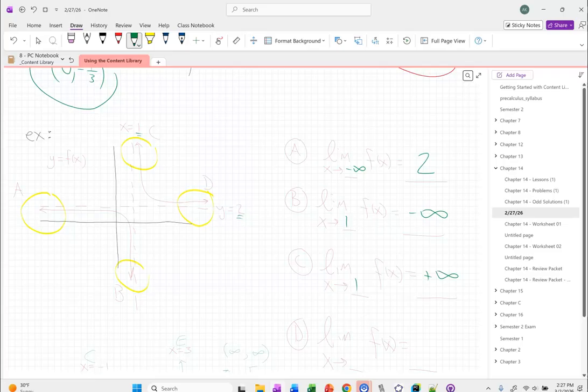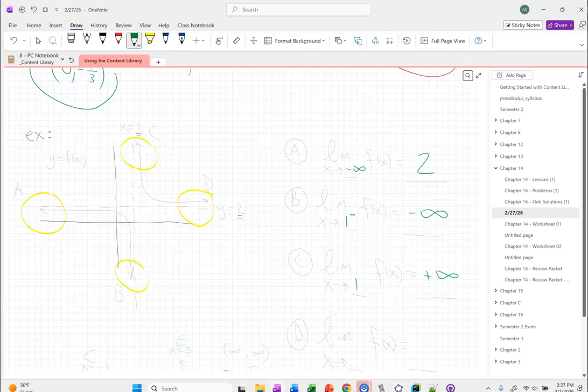So what we need to do is clarify which side of 1 we're talking about. Part B is talking about the left side of x equals 1. So we're going to put a superscript of a negative sign, which means the values are less than 1. We're coming to 1 from the left, from the values less than it.